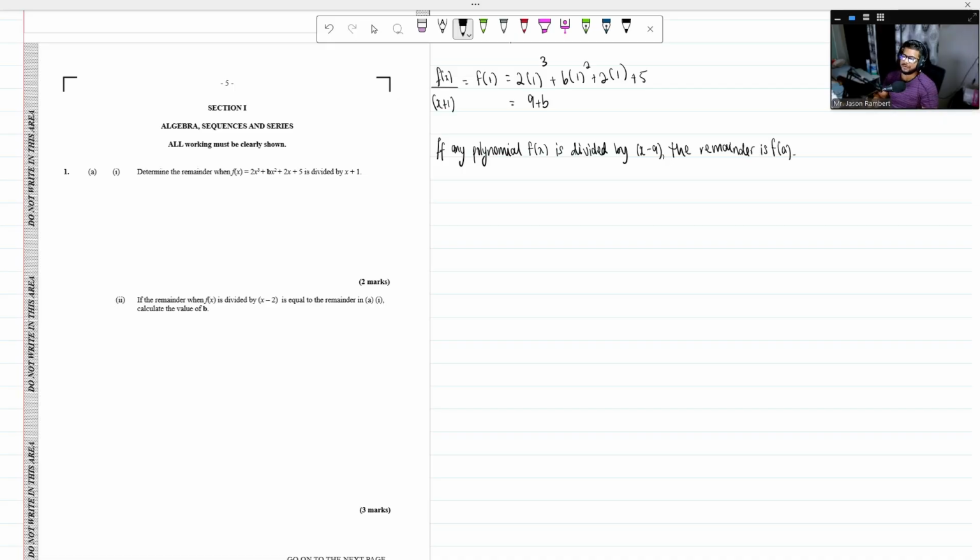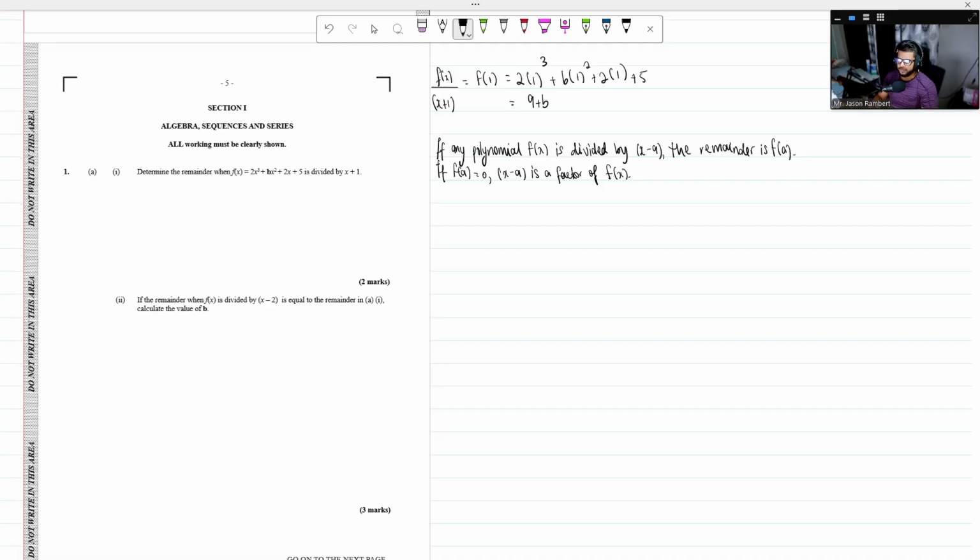That's the remainder theorem. The factor theorem is if f of a is equal to 0, x minus a is a factor of f of x.